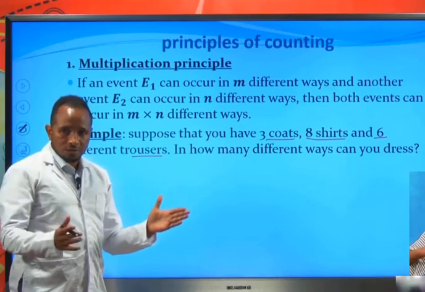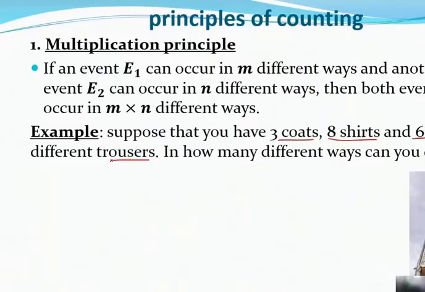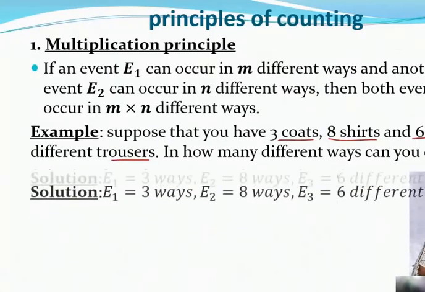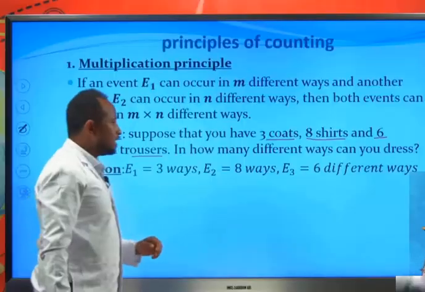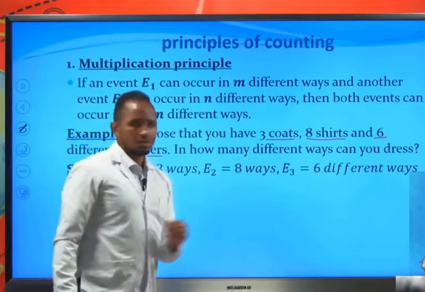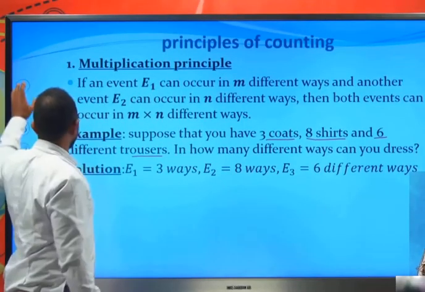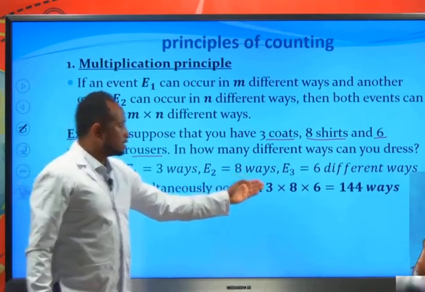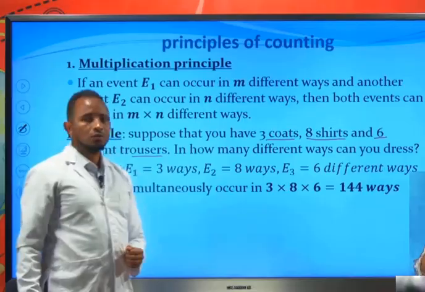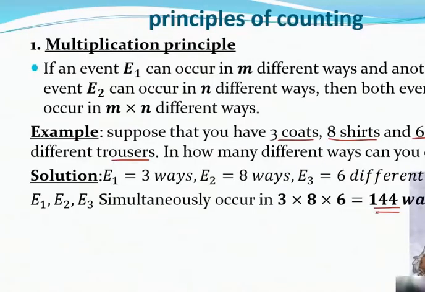We do this simultaneously. So event 1, 3 ways, event 2, 8 ways, and event 3, 6 different ways. These events together occur in simply 3 times 8 times 6 different ways, which is equal to 144 different dressing styles.